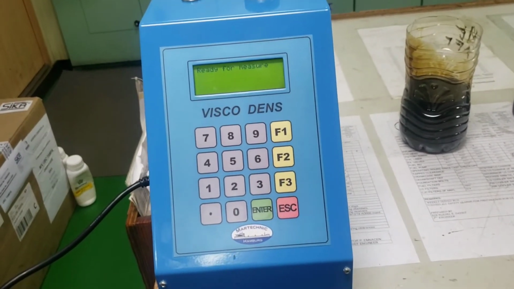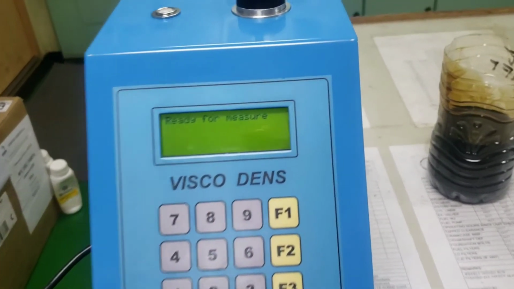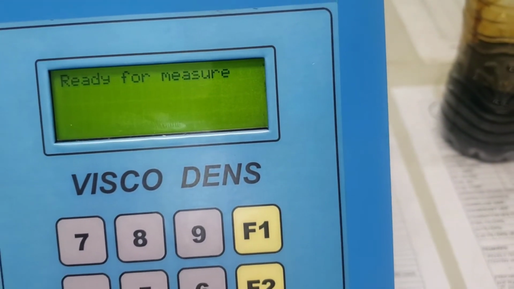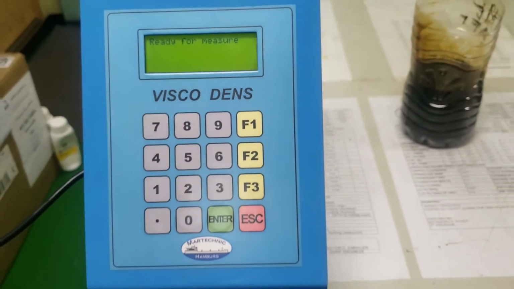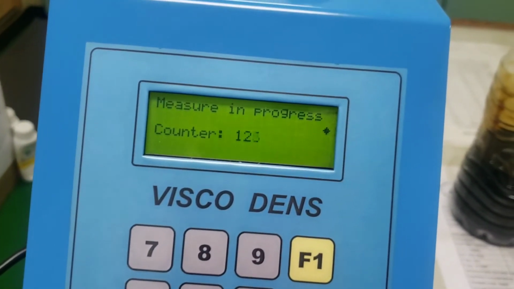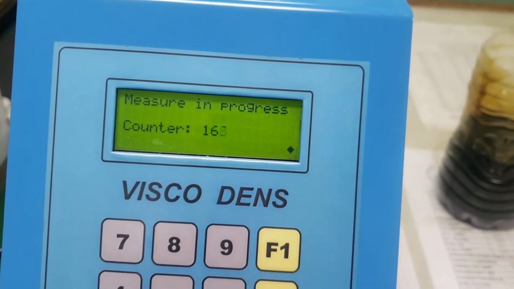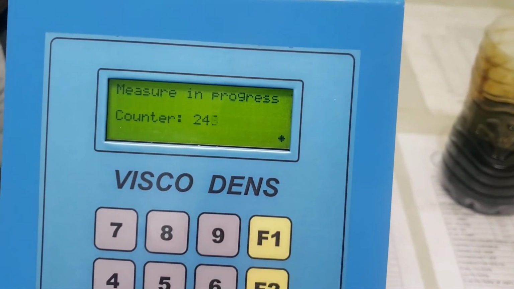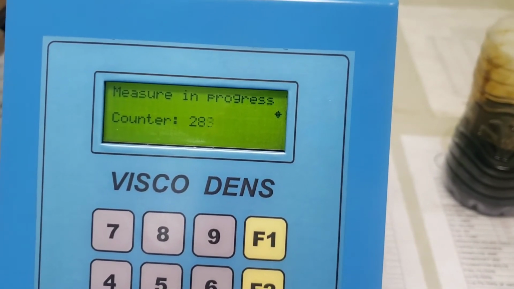Okay, so it starts and says ready for measurement. It starts reading and counting.